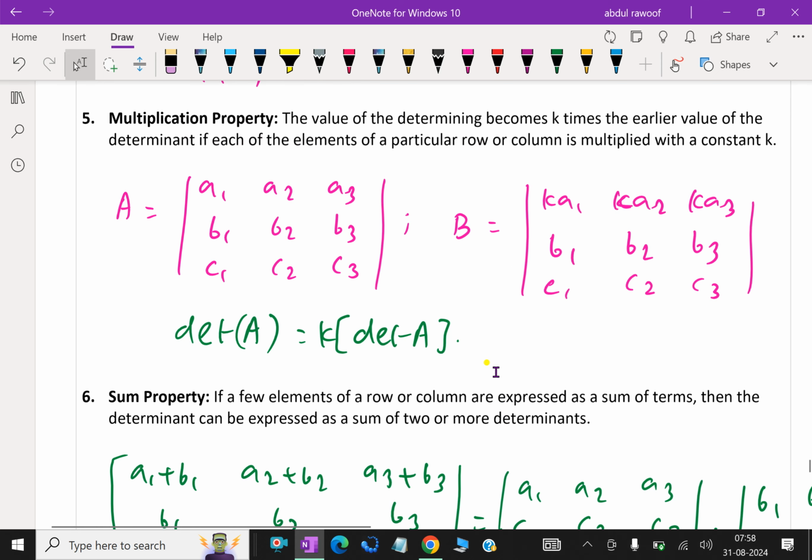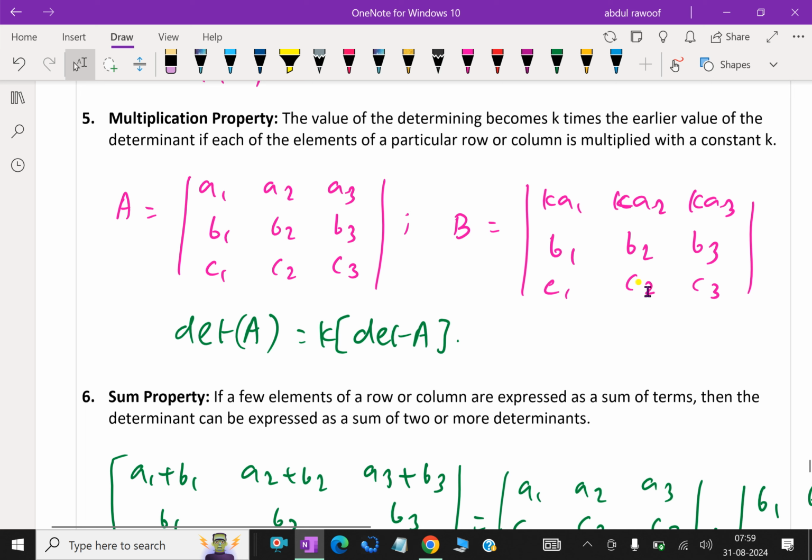The value of the determinant becomes k times the earlier value of the determinant if each of the elements of a particular row or column is multiplied by this constant. Look here, determinant A is A1, A2, A3, B1, B2, B3, C1, C2, C3. Let determinant B be such that a scalar constant k is multiplied throughout all elements of the first row.